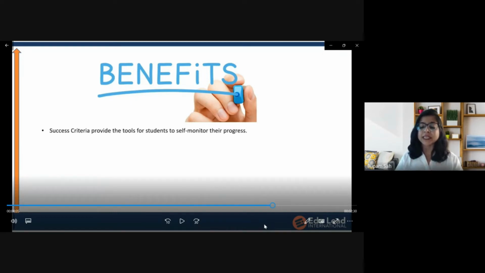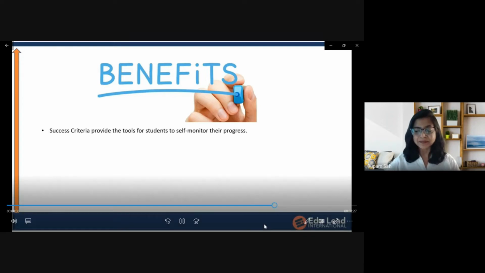Whenever we are expecting some task to be done, right? And it's not necessary that you have to give them 4, 5, 6 success criteria. Depending upon the task, you can give them all those things which you want them to be doing in their work or which should be visible in the work. So that's success criteria. If you start using it in your class, you'll find that your students will achieve success. They'll be doing much better.